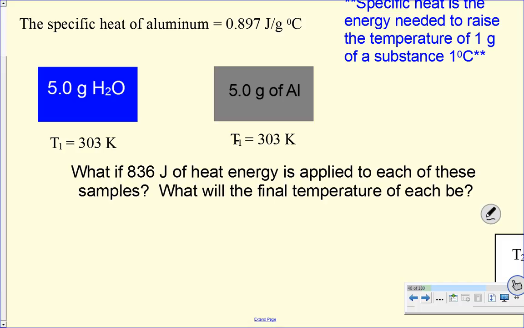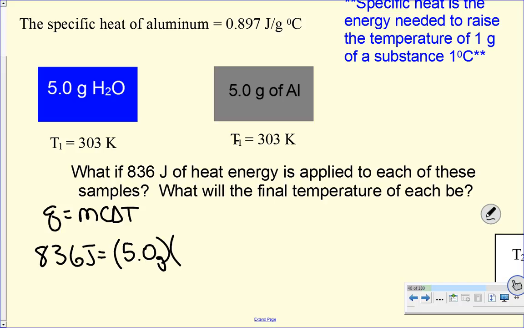So for my water, and again, I'm using Q equals MC delta T for both of these. The amount of energy for each of these is 836 joules. Mass for each of these is going to be 5 grams. For water, I'm still using that 4.18. And then I want to know what my delta T is.